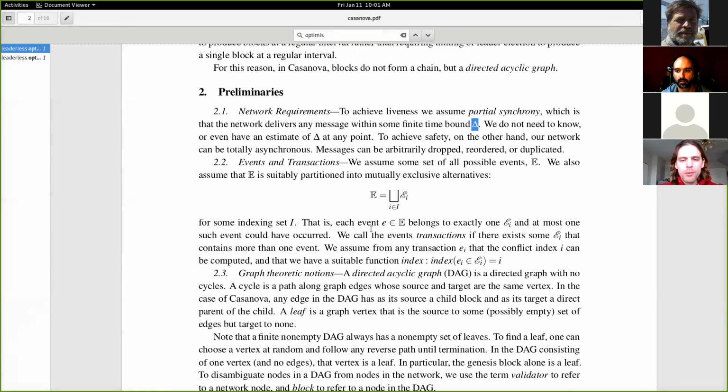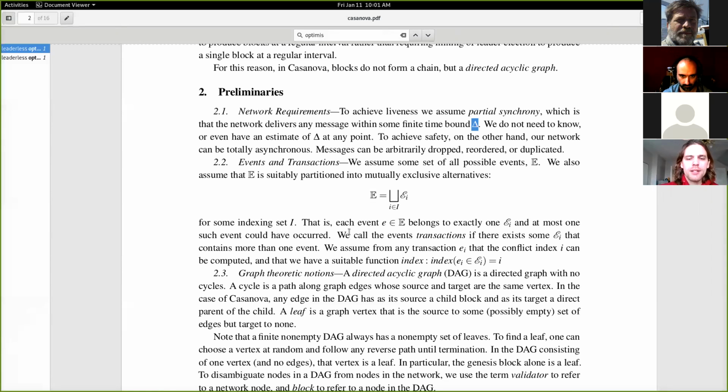Yeah, has someone proven that with total asynchrony it is proven that you cannot prove it will be live. Okay. So you must have some kind of partial synchrony. Okay.